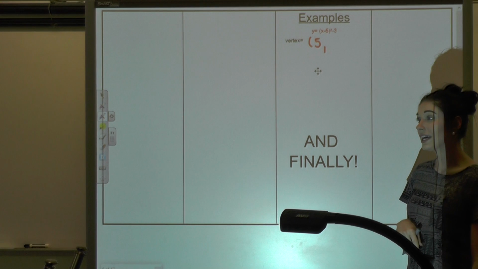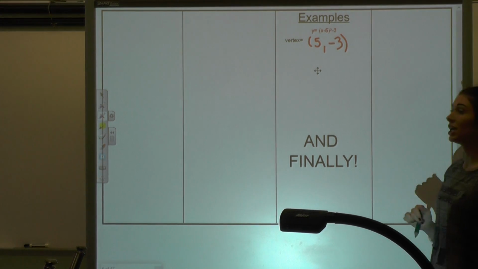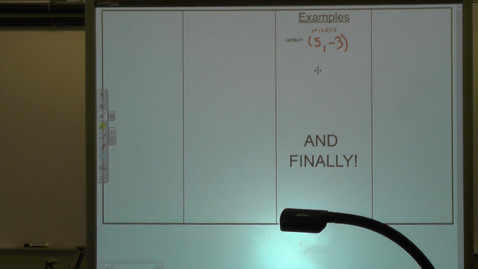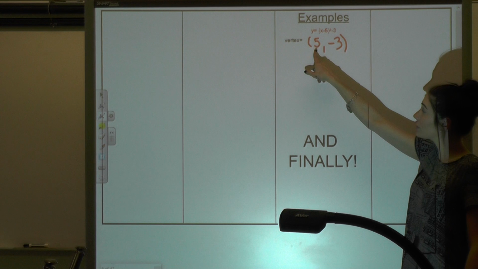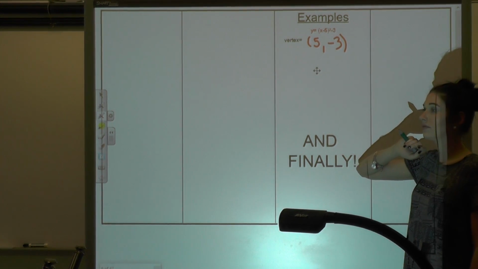Then your k is going to be negative 3, because your formula at the end is plus k. So all you need to remember is you're going to switch the sign for your h, keep your k the same. Okay?